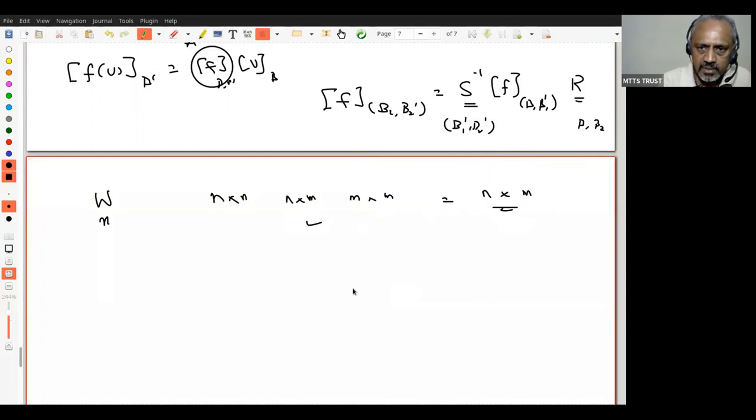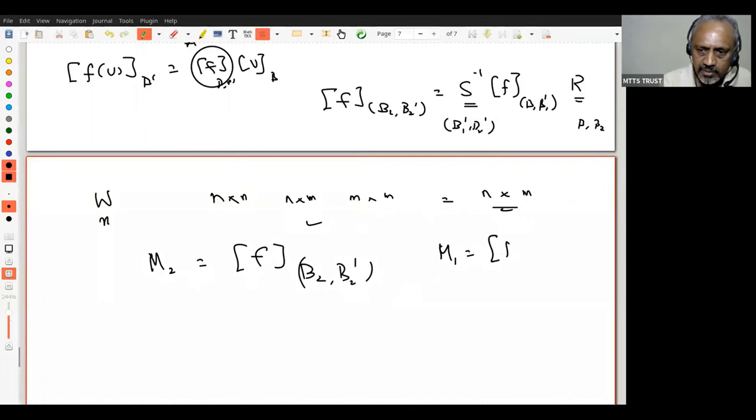You understand? So let us call M2 the matrix of F with respect to B2, B2 dash. In fact, I should have made this notation earlier, so that life would have been easier for you and me. M1 is the matrix with respect to the first pair of bases, and M2 is with respect to the second pair.